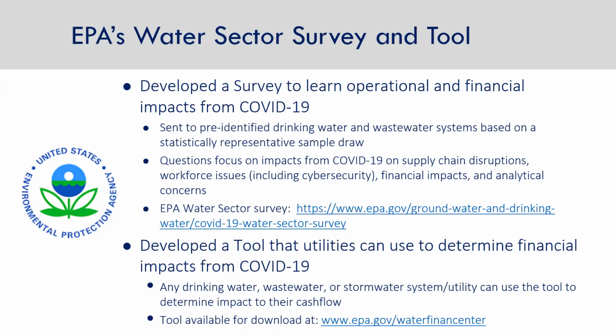While the water sector survey and the financial tool are 2 separate projects that EPA is doing, one with the Office of Wastewater Management, ours with WSD and the Office of Water, utilities can use that financial tool to help answer some of the financial questions in the survey. Because it's an emergency survey, our questions had to be a little qualitative versus quantitative in nature, so they are a bit more general.